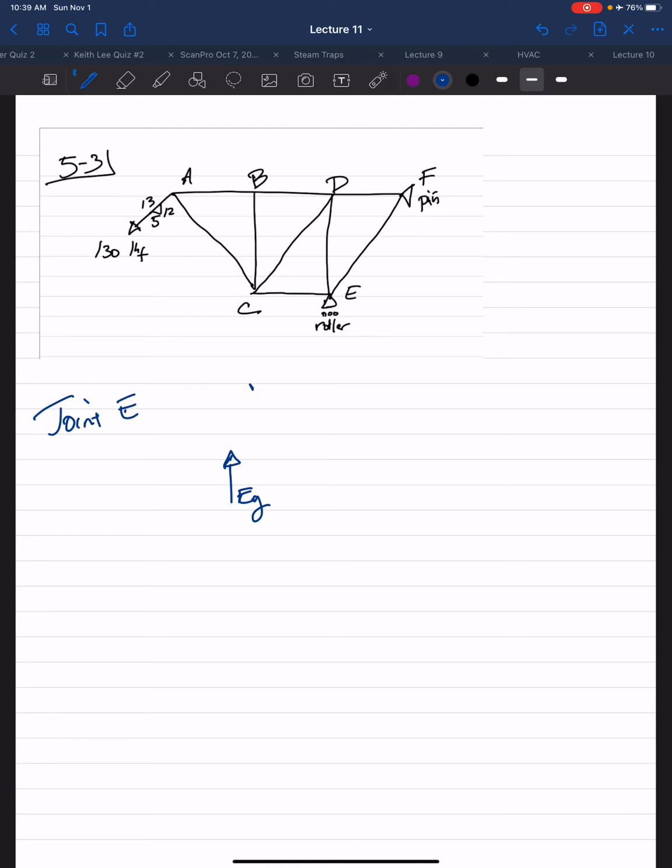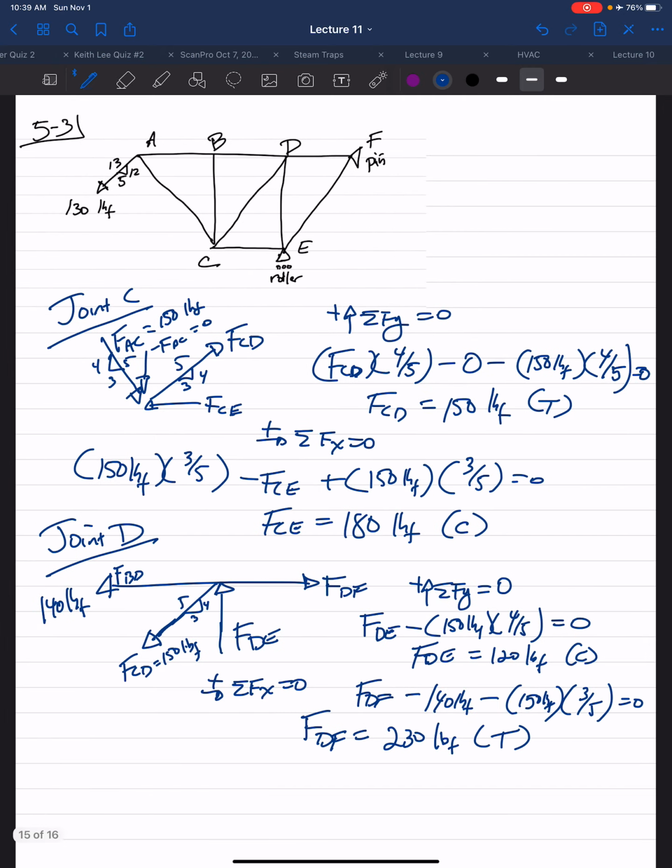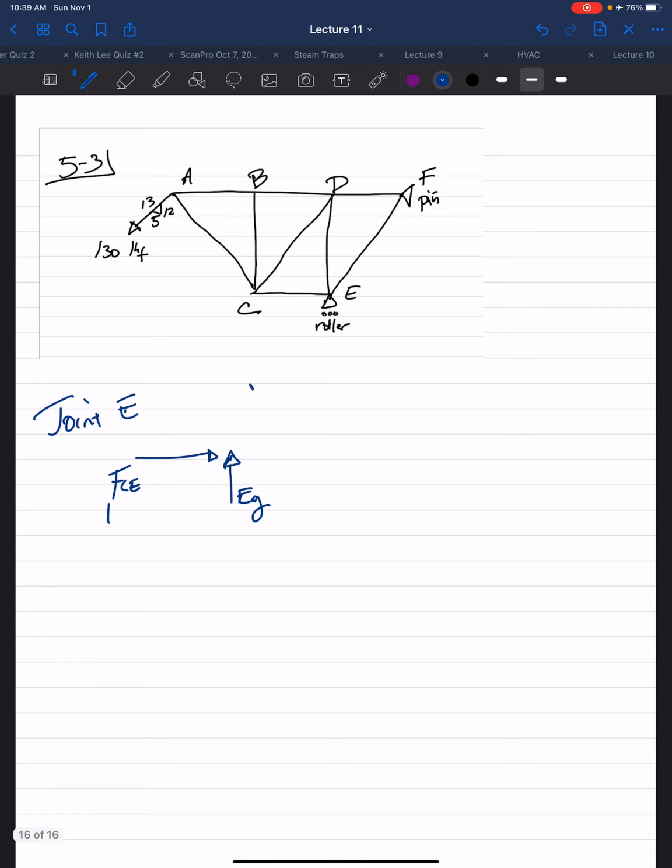We know we have FCE, which we calculated previously to be 180 pounds force. FEF is an unknown.